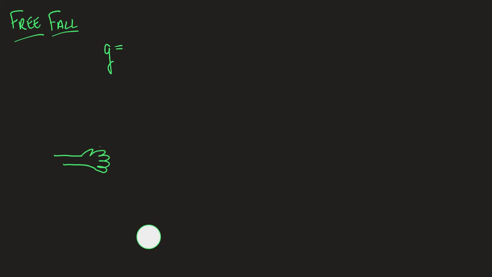The acceleration of gravity, and then underline this next part, near the surface of the Earth, is 9.8 meters per second squared downward, for all objects, regardless of their mass.